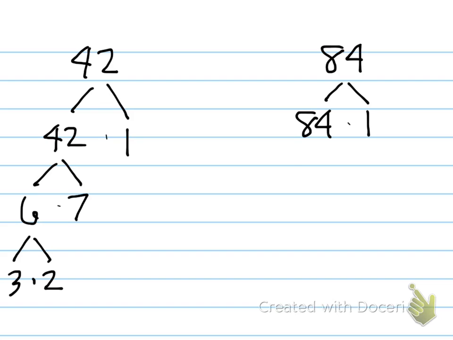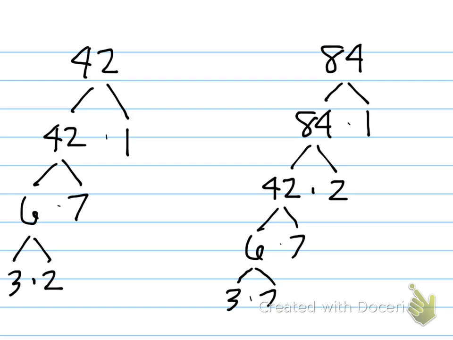Let's jump over to 84. 84 is even, as we've already said. So we know that it can be divided by 2. So what times 2 equals 84? How about 42? 42 times 2 equals 84. Now, we could continue to break this down, but do we need to?